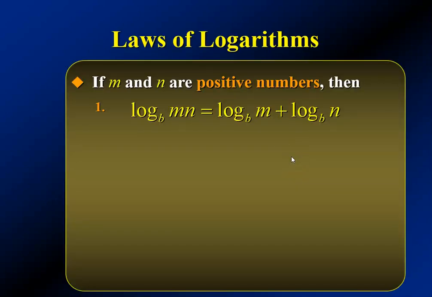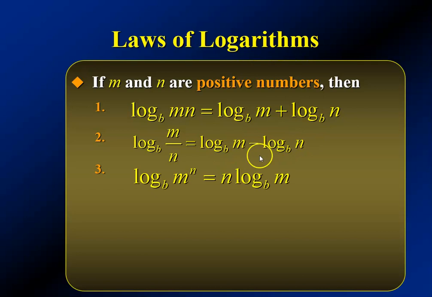What are the properties of logarithm? We have the laws: log mn base b equals log m base b plus log n base b. Log m over n base b equals log m base b minus log n base b.